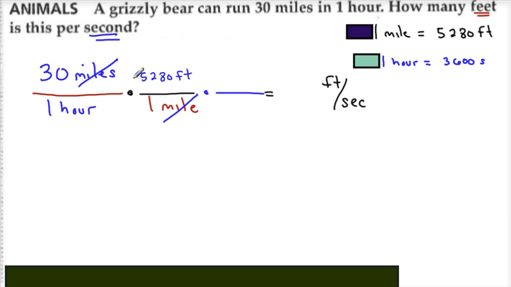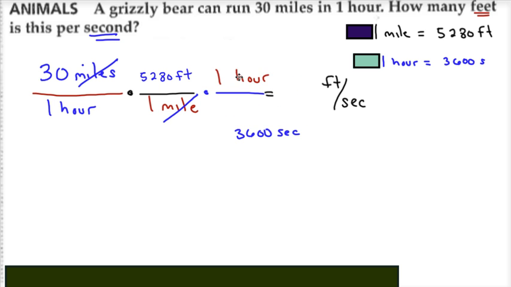Now I have 1 hour. Again, where do I put this 1 hour and where do I put this 3,600 seconds? 1 hour in the denominator? So then would I be able to simplify these? Oh wait, never mind.